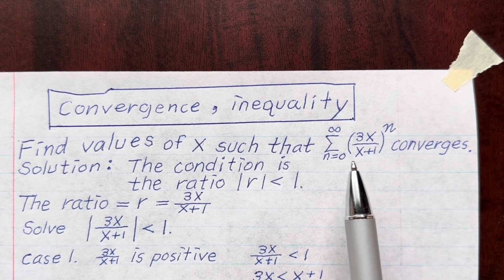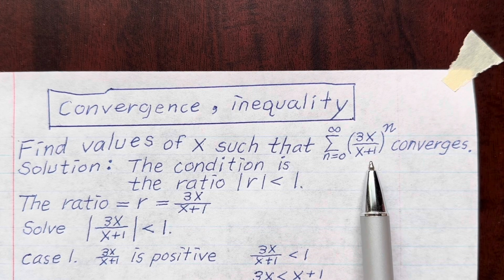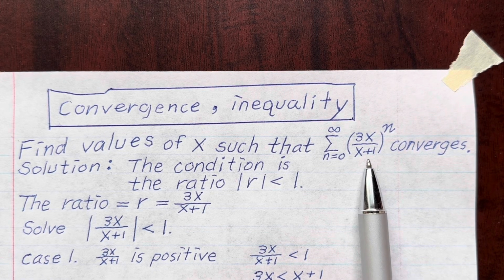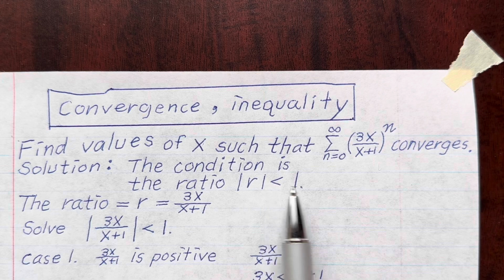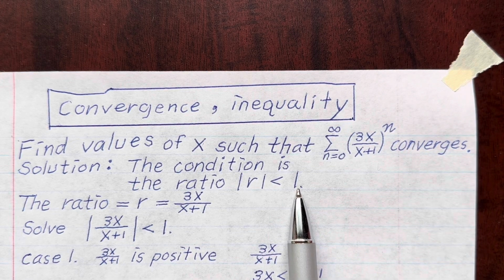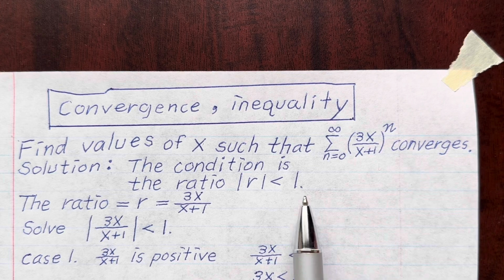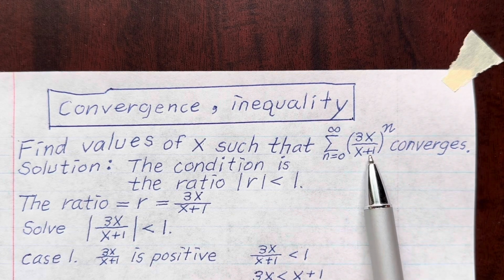For an infinite power series, the condition for convergence is the common ratio less than 1. This ratio may be positive, may be negative.